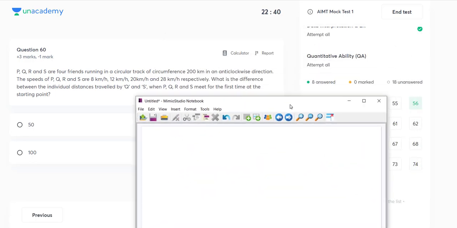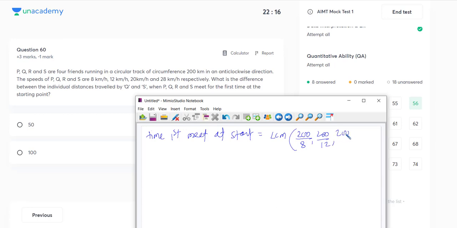Over here we want the meeting of P, Q, R, S for the first time at the starting point. So the time required for the first meeting at the starting point is the LCM of 200 by 8, 200 by 12, 200 by 20 and 200 by 28.